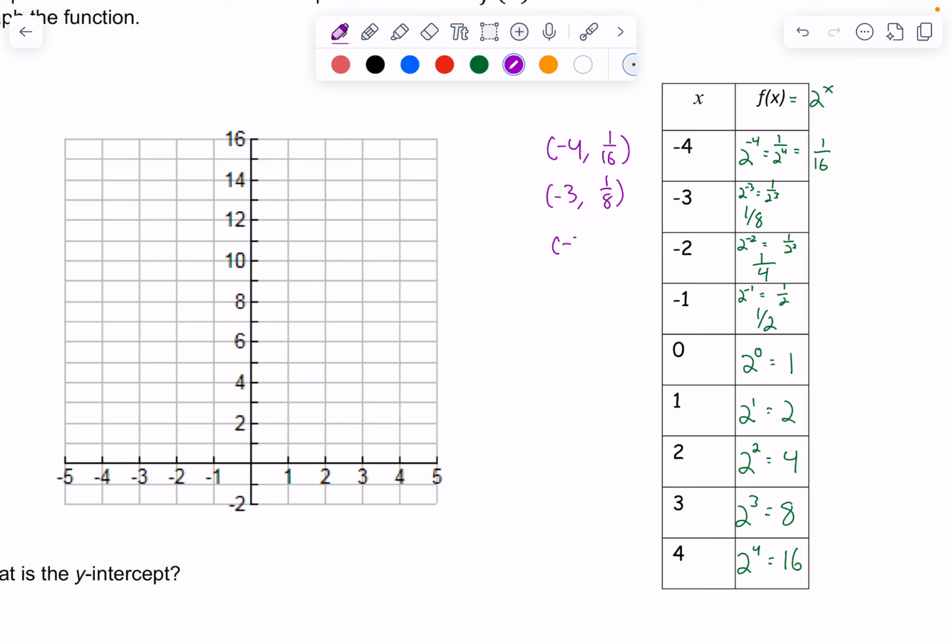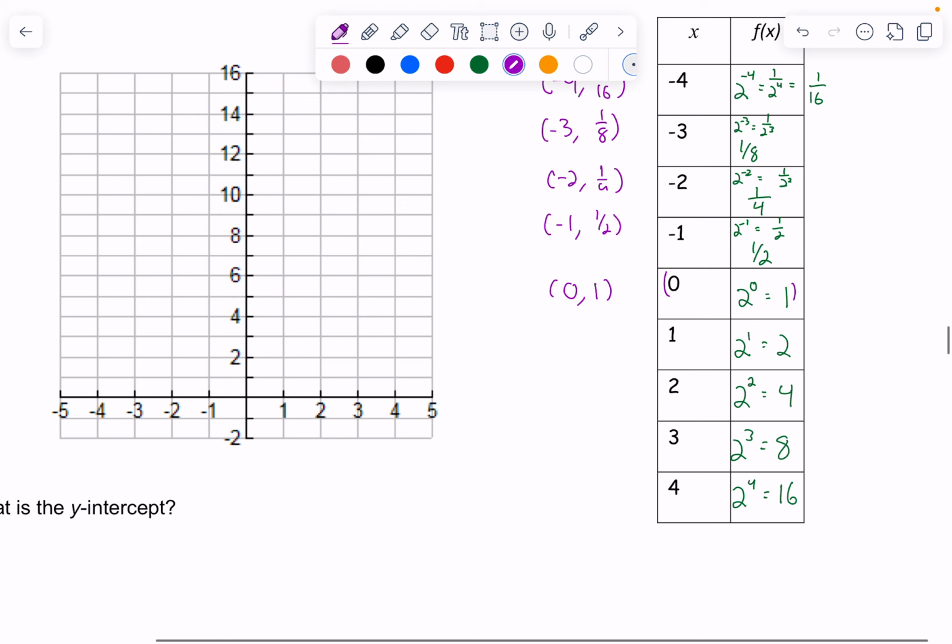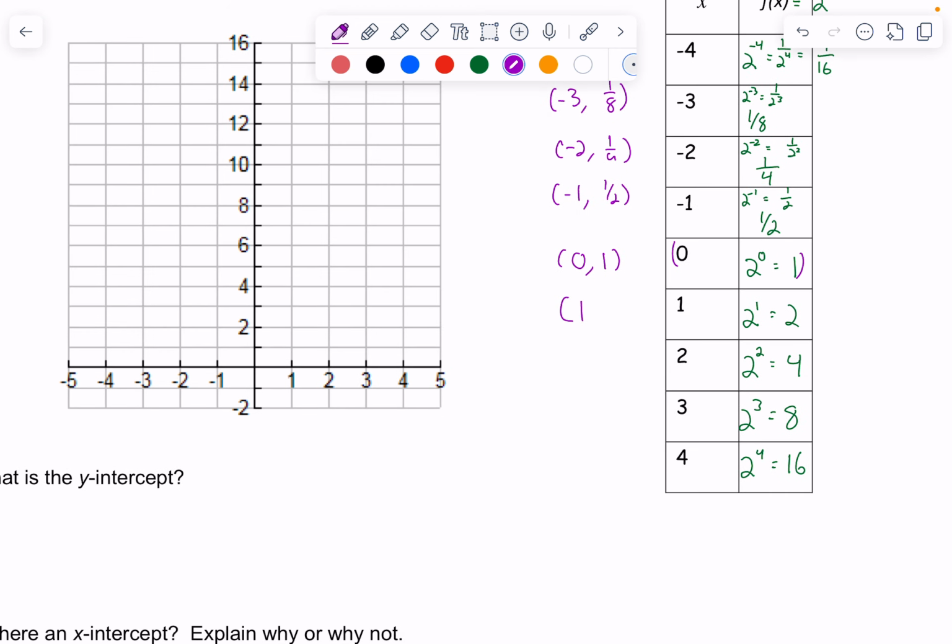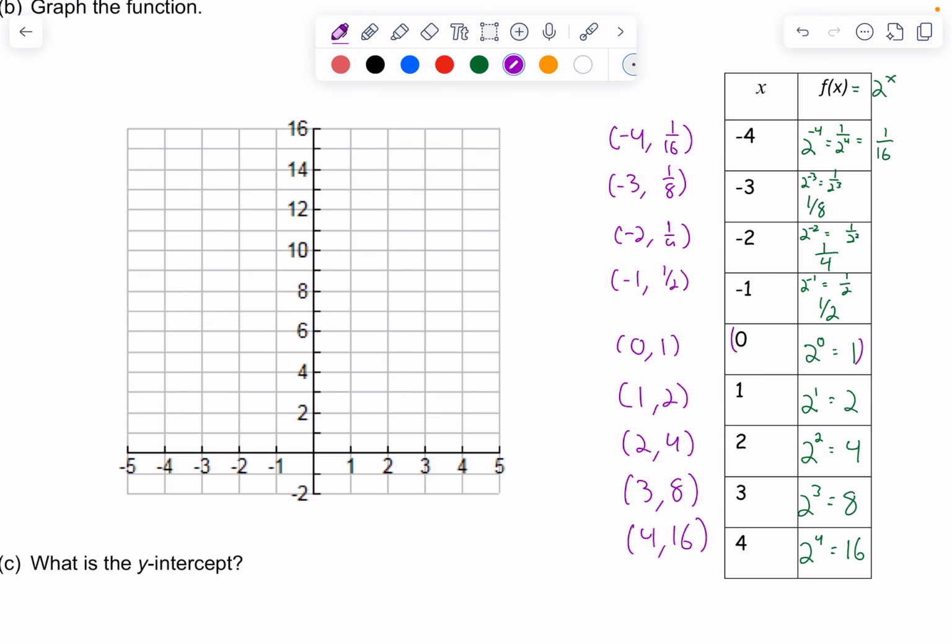Here we're plotting minus 2 and 1/4, minus 1, 1/2, 0 and 1. Here we're plotting 1 and 2, 2 and 4, 3 and 8, and 4, 16. So literally just putting dots on the chart now.